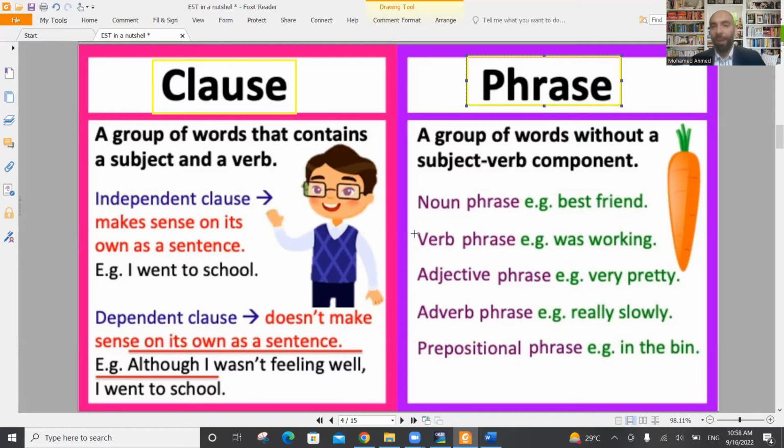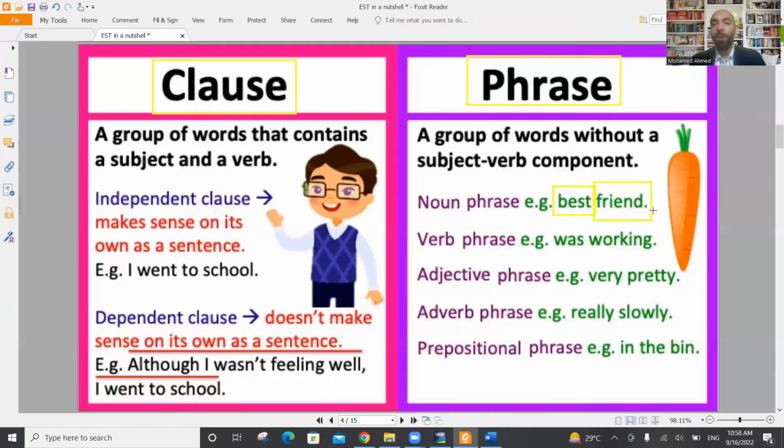Let's start with the phrase. A phrase is a group of words without a subject-verb component. It means you have to have more than one word, not only one. For example, here, best friend. How many words? Best is a word, and friend is another word. So we said best friend, two words together.